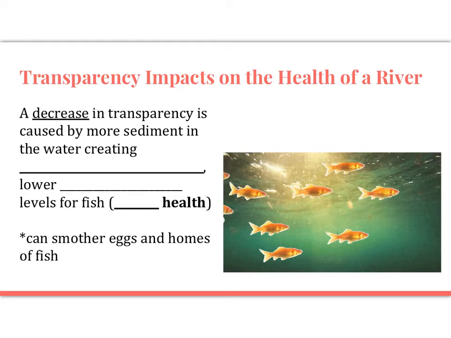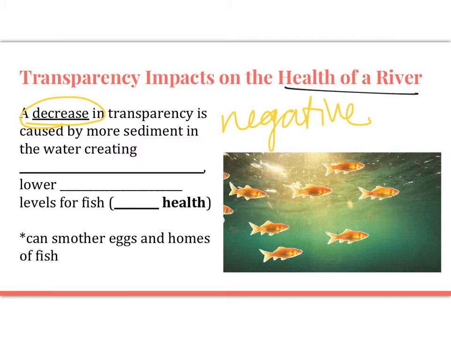With all those factors being able to change transparency, we see an impact to the river's health when transparency does go up or down. What we notice is when the transparency decreases, there are definitely negative effects to the river. As the transparency decreases, it obviously gets cloudier because more sediment is mixing into the water, and that creates a problem for fish breathing.